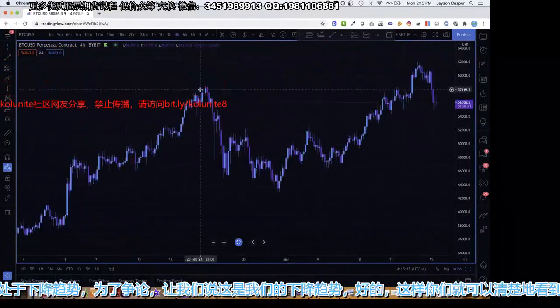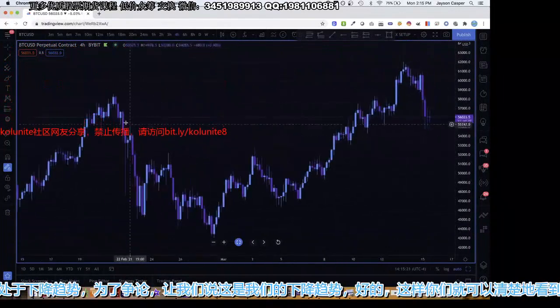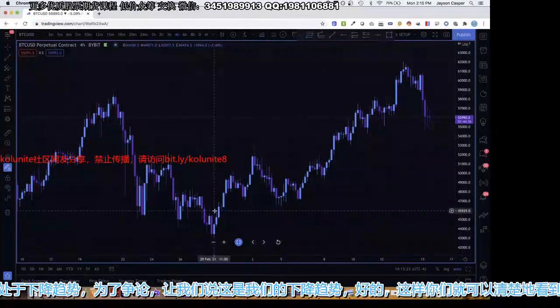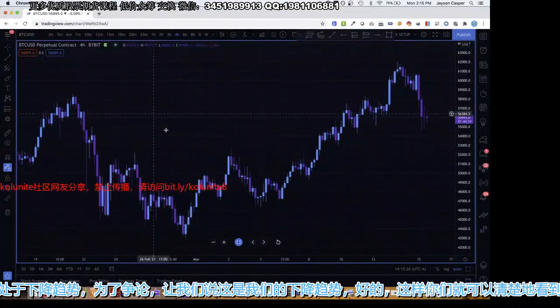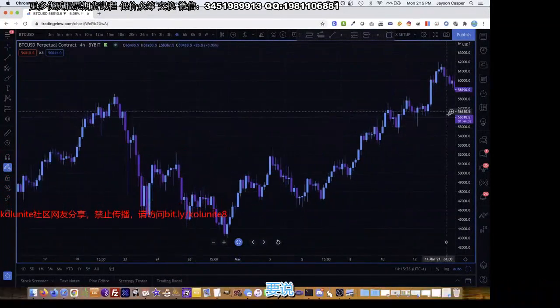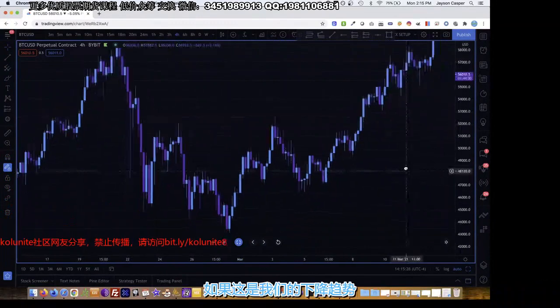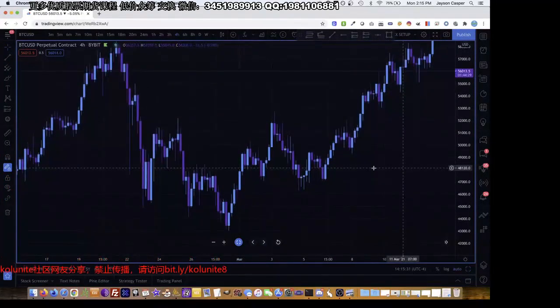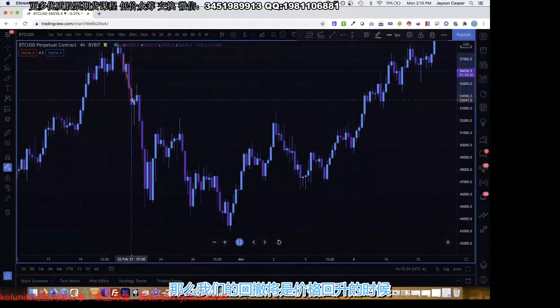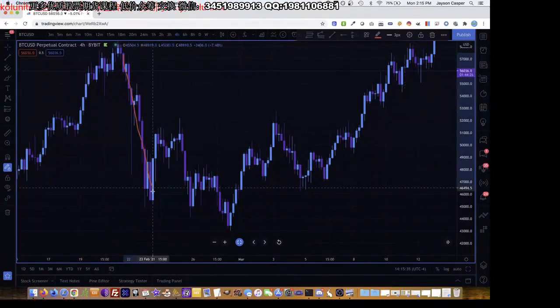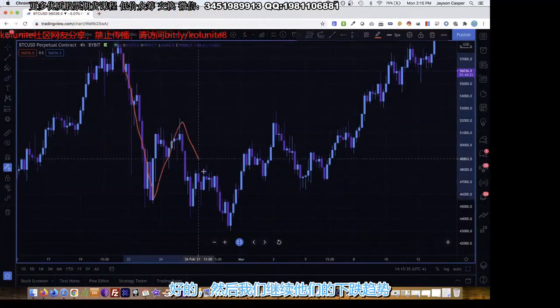But if we were in a downtrend, and let's just say, for argument's sake, that this is our downtrend right here, so that you guys can get a clear visual of what I'm trying to say. If this was our downtrend, then our retracement would be when price comes back up, and then we continue on with our downtrend.